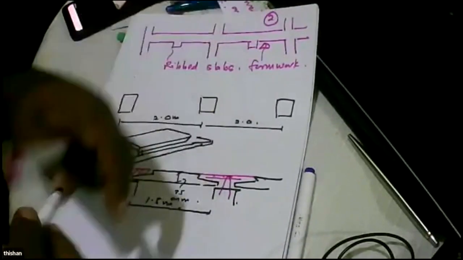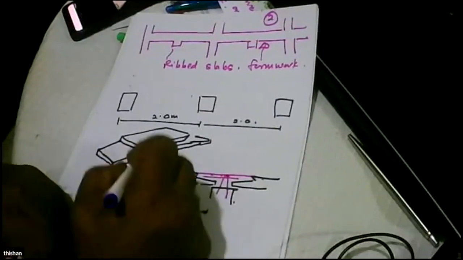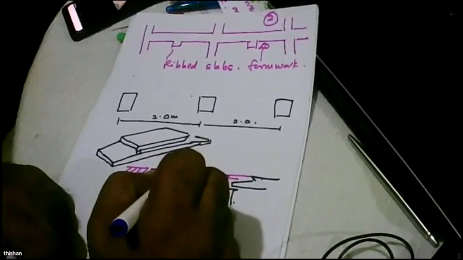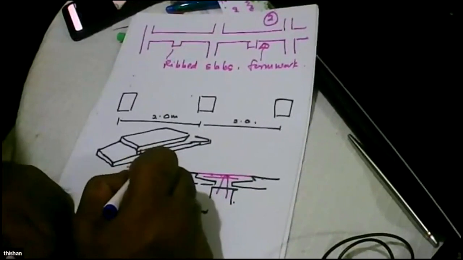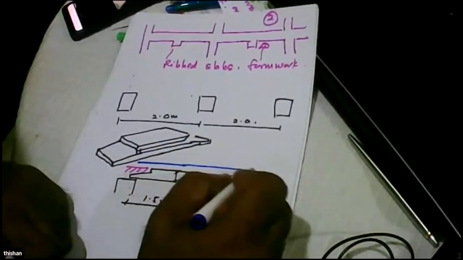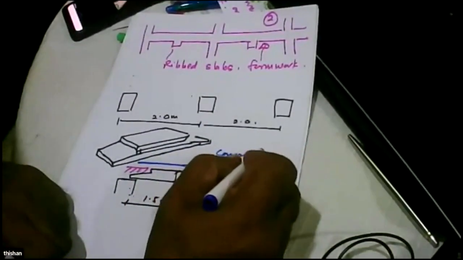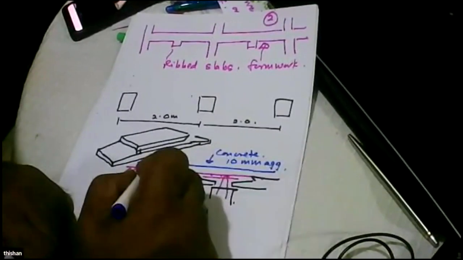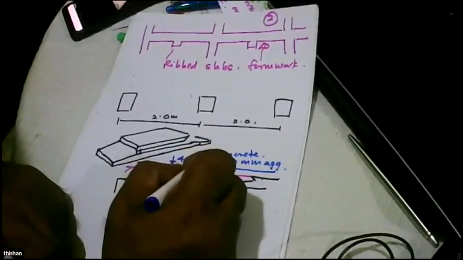Later, with further research on this, we found that anyway we have to do a finish for this. To finish this, we need a leveling screed. Why not make it out of concrete with 10 millimeter aggregates to a thickness of about 40 millimeters?